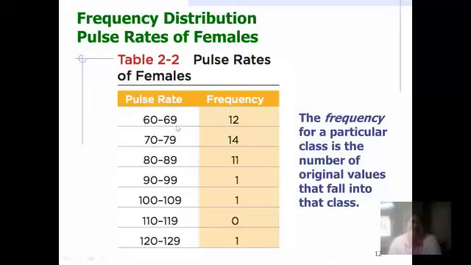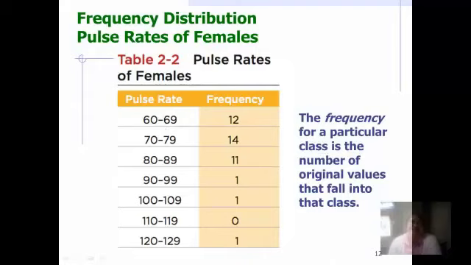So it's very clear that if someone has a pulse rate of 69, they'll go into this first group and not into the second. We can't go from 60 to 70, 70 to 80, 80 to 90, because then if someone has a pulse rate of 70, which group do we put them in? So it's very important that they only fit into one group.